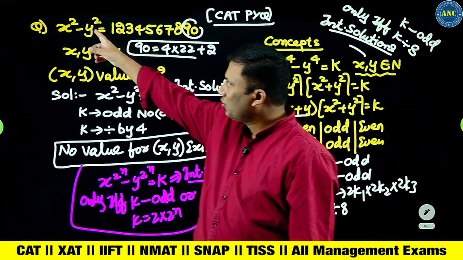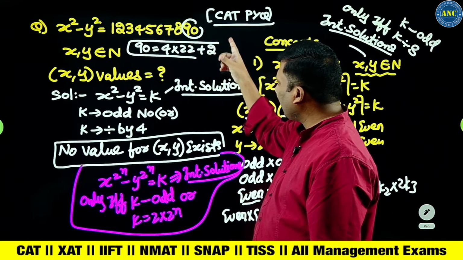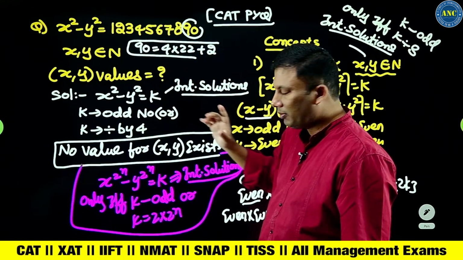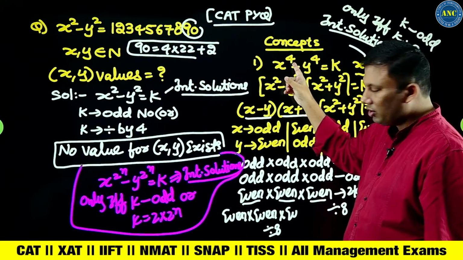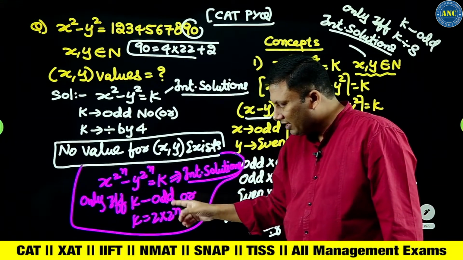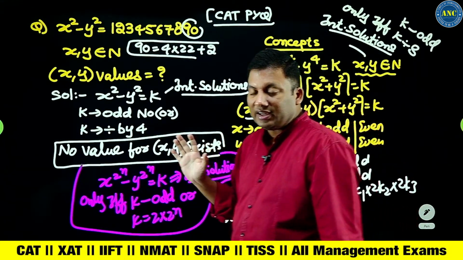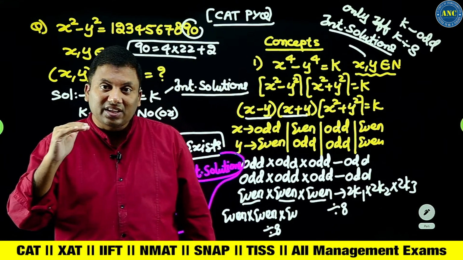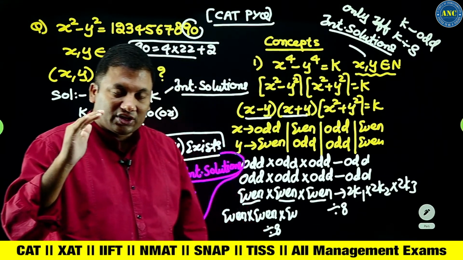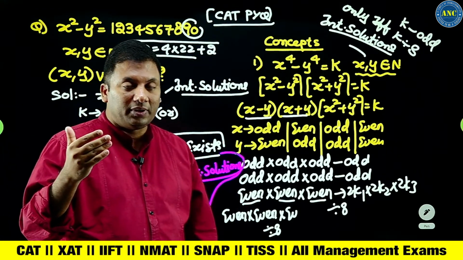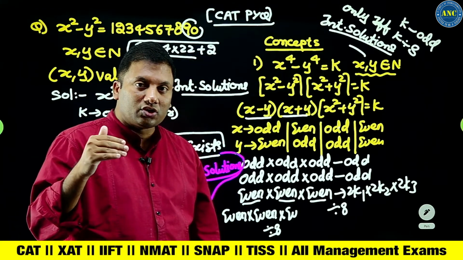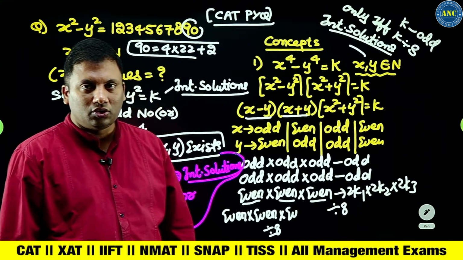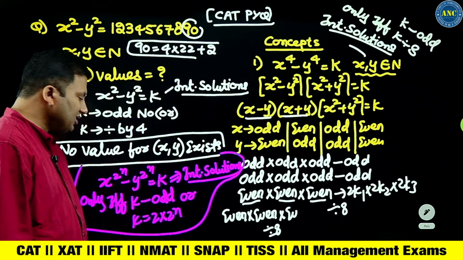See here, 2 into 2 is 4; the right hand side should be divisible by 4. If it is power 4, 2 into 4, the right hand side should be divisible by 8. If it is x power 8, the right hand side should be an odd number or divisible by 2 into 8, which is 16.